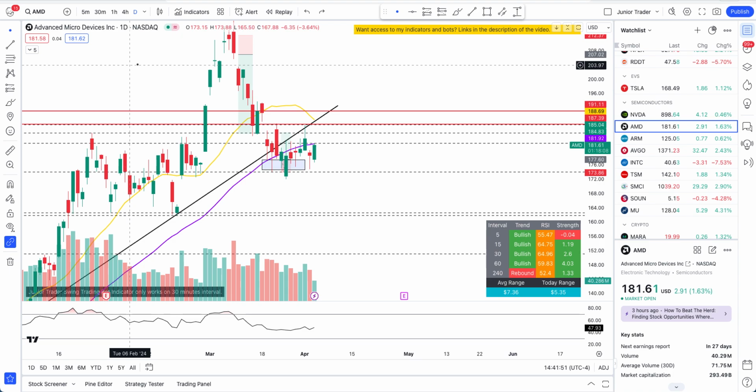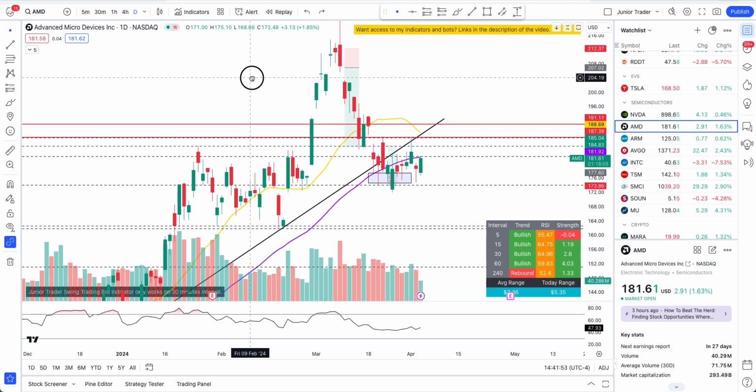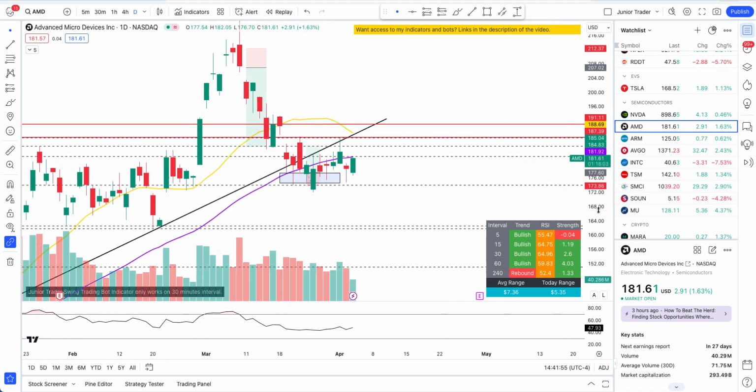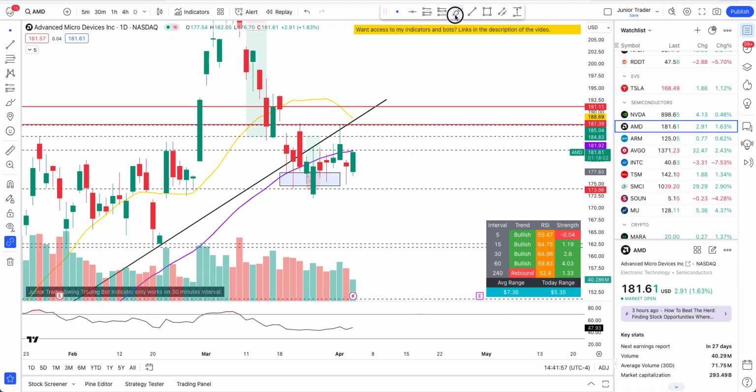So we have AMD today again, going up. What it has been doing is finding support at this 175 to $174 range, but constantly rejecting at the overhead resistance of this trend line and also the 50 day moving average.